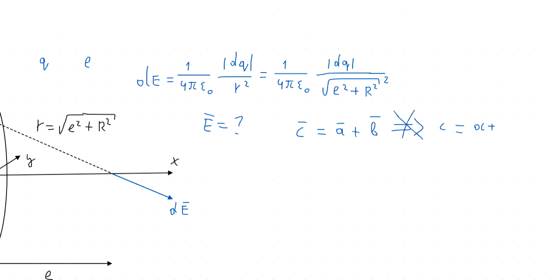Why? Because vectors A and B may have different directions. So what can we do in this situation? It is necessary to use vector sum.